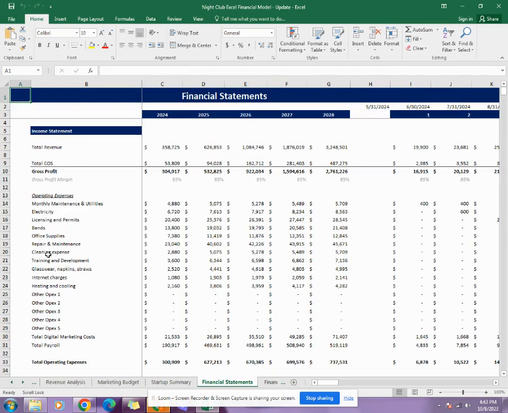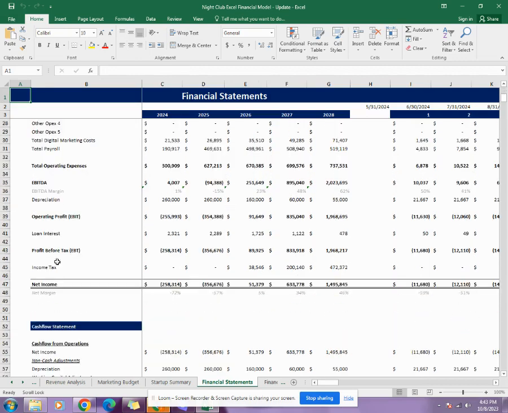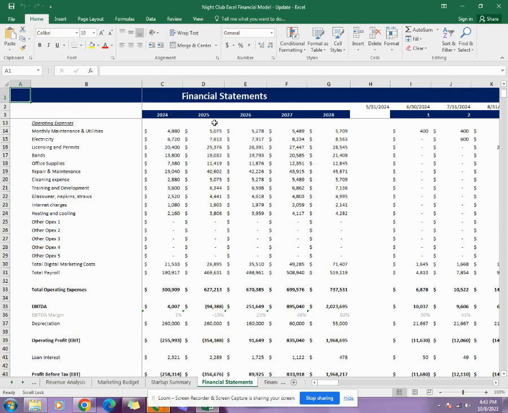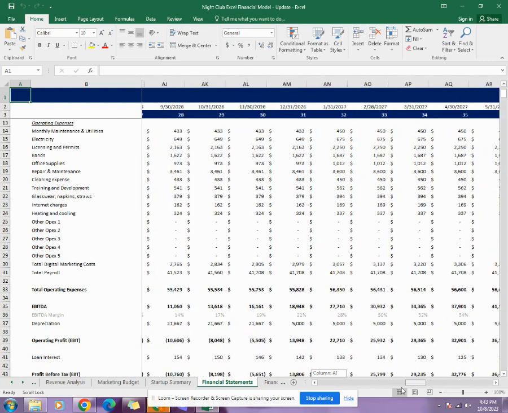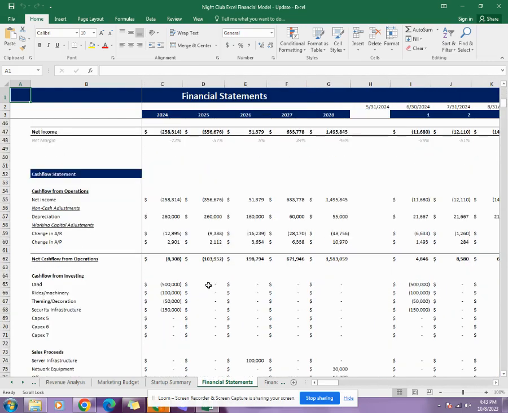Then comes the financial statements. This includes the income statement, which gives you the net income of the business, as you can see over here, on yearly basis and monthly basis, going up to 5 years or 60 months. Then comes the cash flow statement.